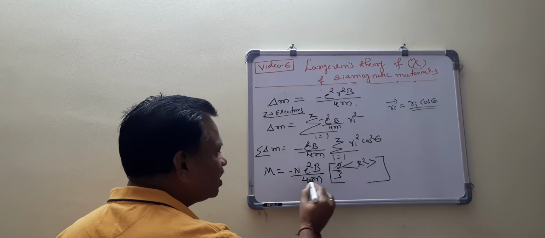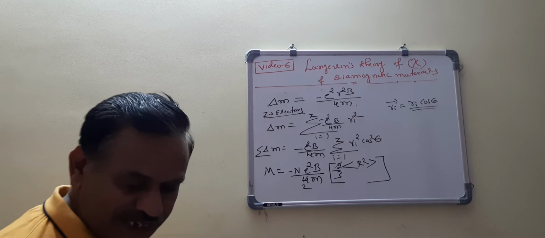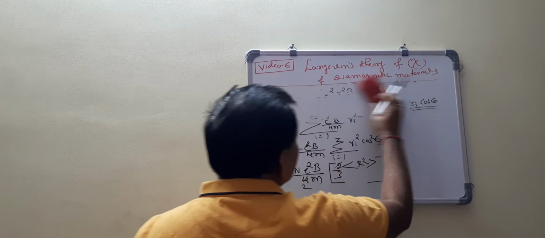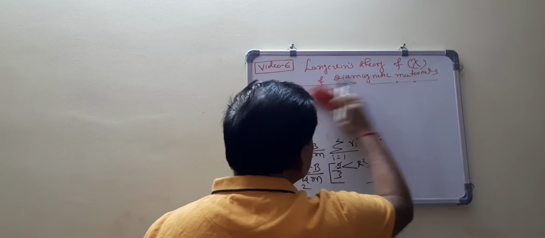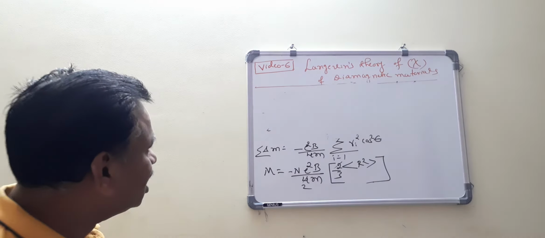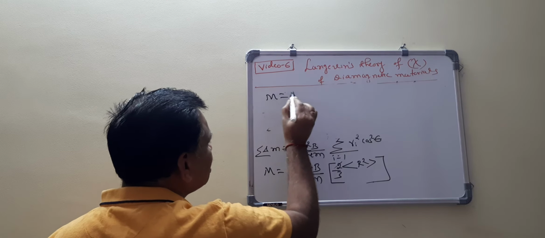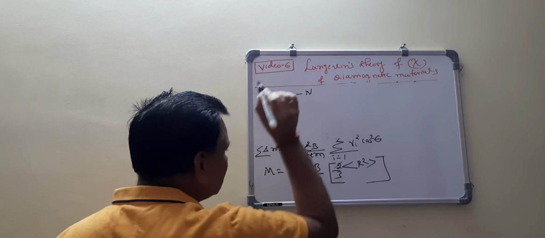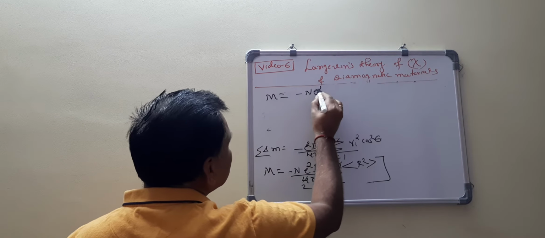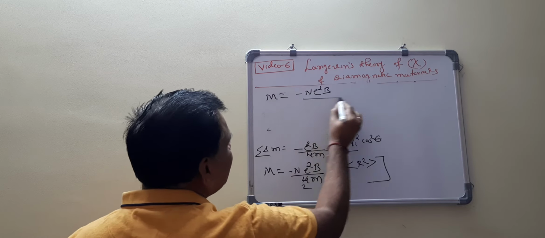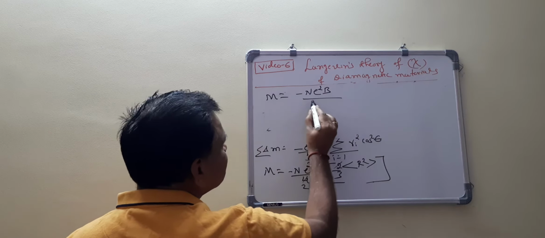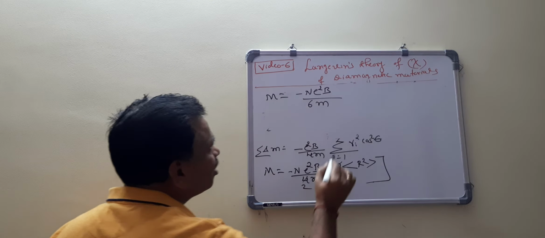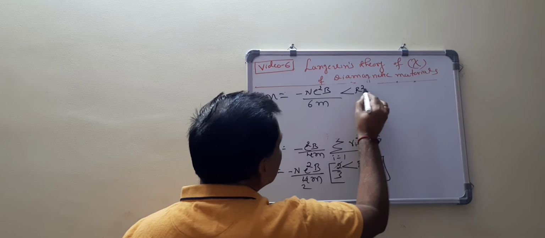Now this quantity cancels, and what is left is M equal to minus N e square B divided by 3 into 2, that is 6m, into r square.